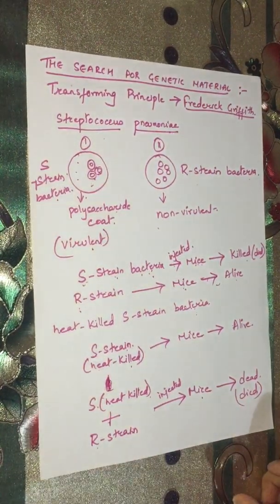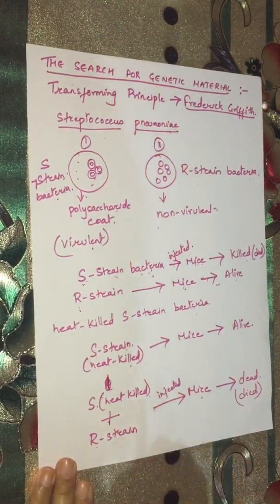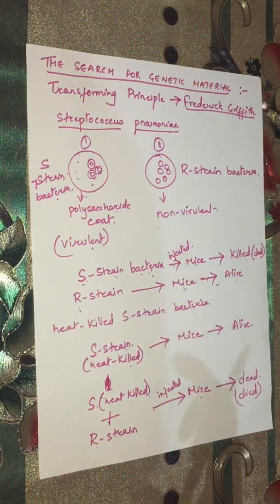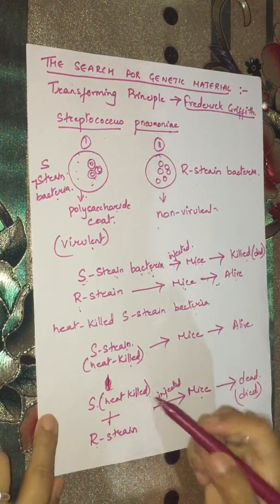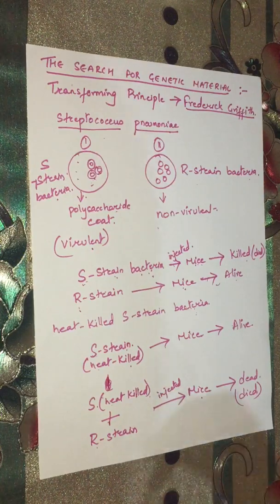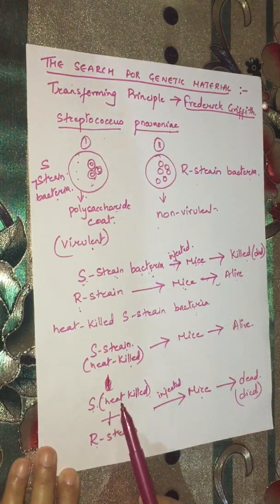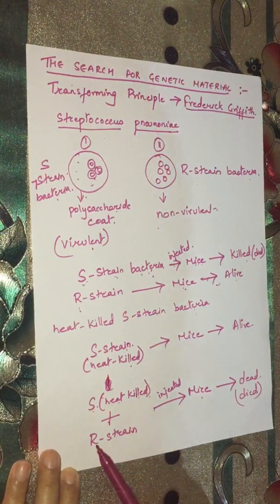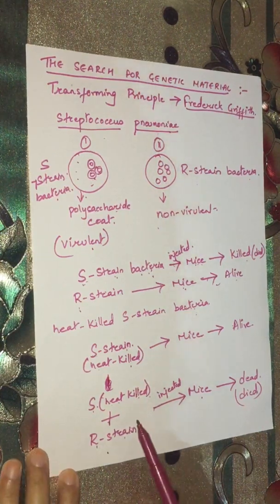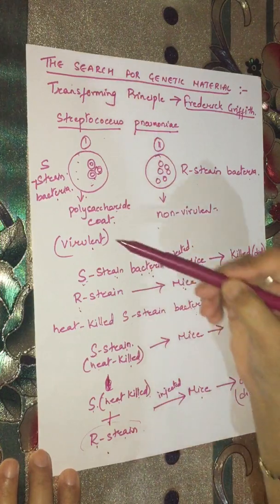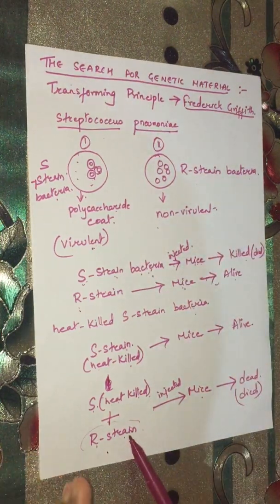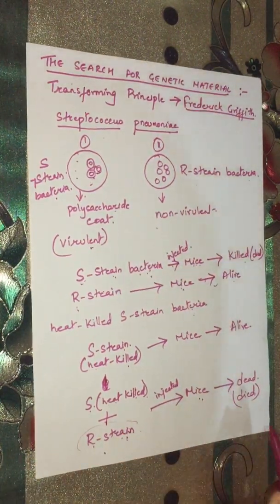At last he concluded that something must have been transformed, something must have been transferred from this S heat killed bacteria to the R strain bacteria, which made this R strain bacteria virulent, and then when it was injected to mice, it died.